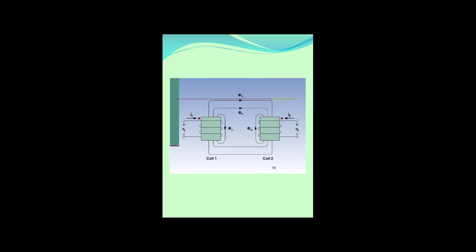Coil 1 is supplied with voltage source V1, current flowing I1, and coil 2 is supplied with voltage V2 and current I2. So at the red point in coil 1, current I1 is entering, and in coil 2 at the red point, I2 is entering. So the polarity of both the points remains the same.